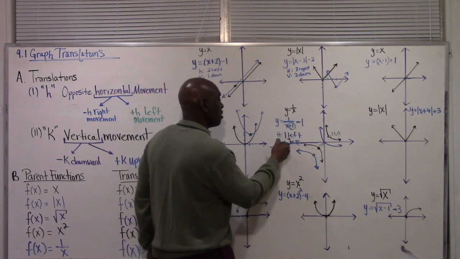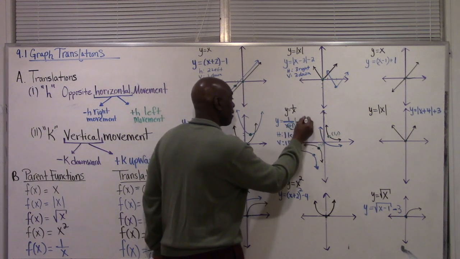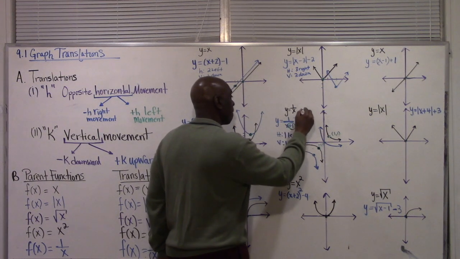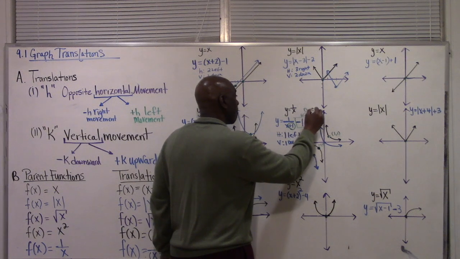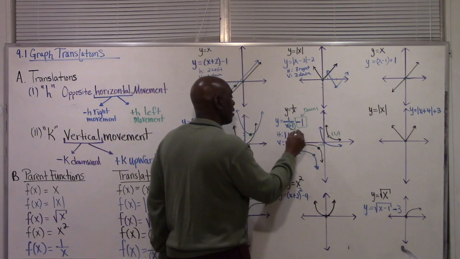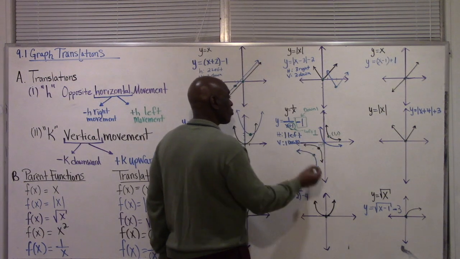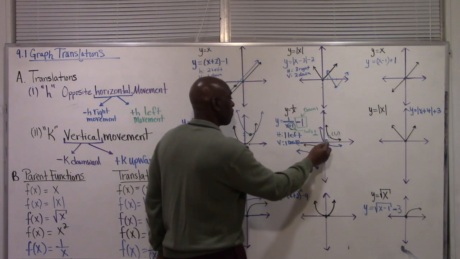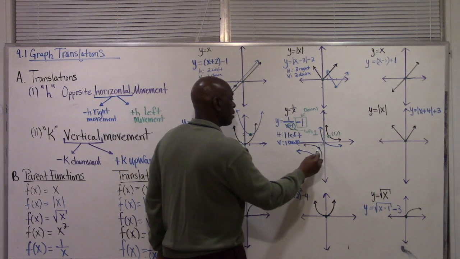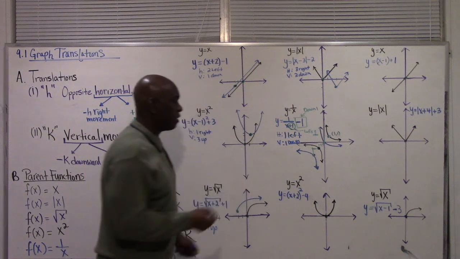That plus 1, that means 1 left. And then this right here means down 1. Down 1. And this right here is left 1. So I went left 1, down 1. Left 1, down 1. And there you go.